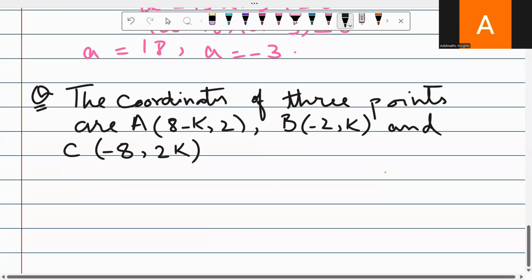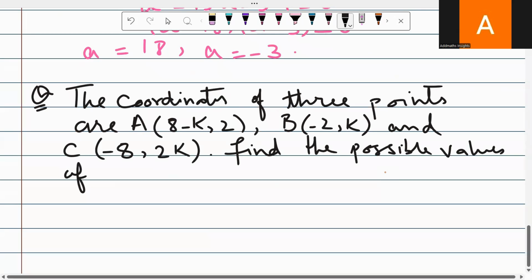Find the possible values of k if A, B, and C are collinear.